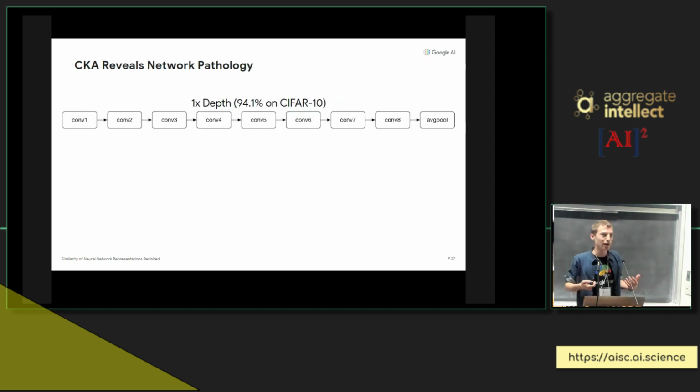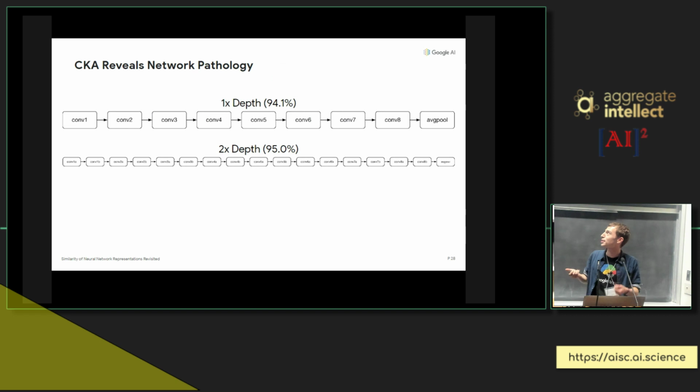So finally, we have this serendipitous finding that demonstrates what CKA can tell us about what goes wrong when we train a neural network and it doesn't behave as we expected. So we have this 10-layer CNN with 8 convolutional layers, and it gets 94.1% on CIFAR10. If we make it twice as deep, then it gets 95% on CIFAR10.